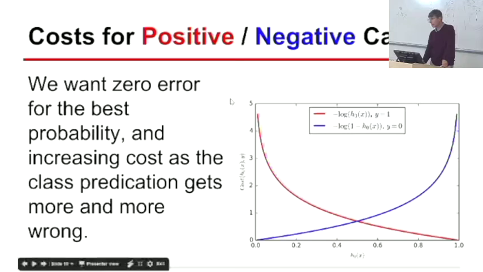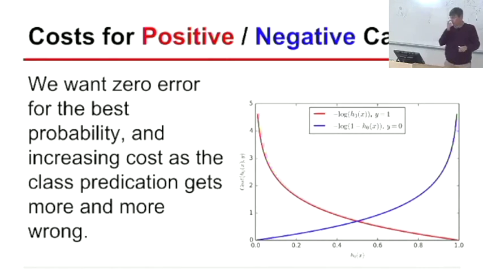Okay? It should be clear that if we have a positive example, and our probability was very, very close to 1, our penalty should be very, very small. We are happy with what we have achieved, right? As we move further and further away, we are less and less happy. Does everybody see that?